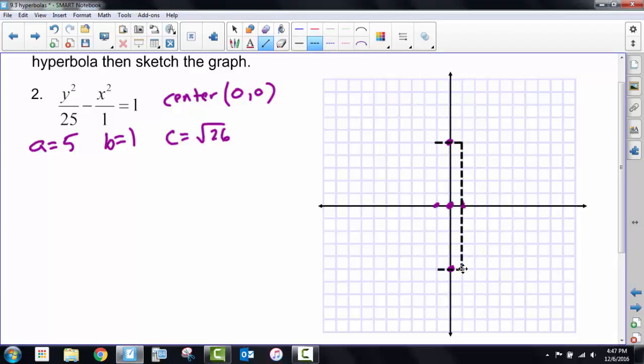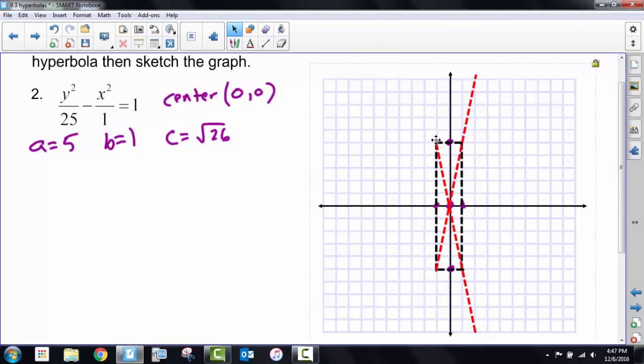So again, go ahead and use the dashed lines and draw the rectangle that connects those 4 points, and then the diagonals from that rectangle give us the asymptotes for our graph. I'm just getting those extended in all 4 directions here.